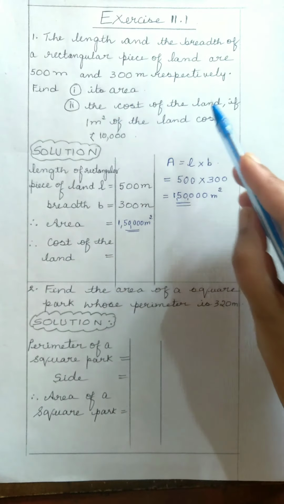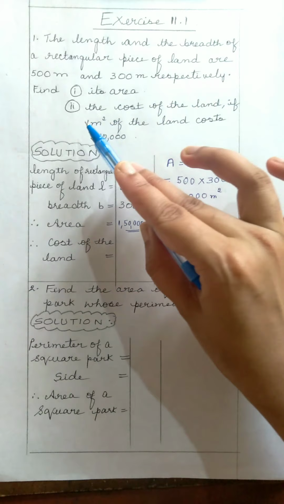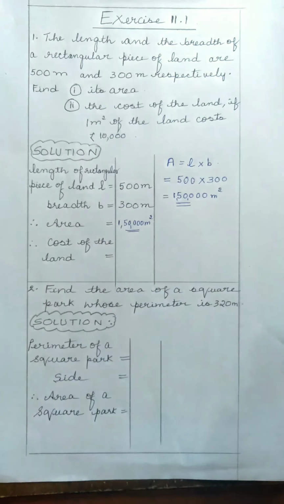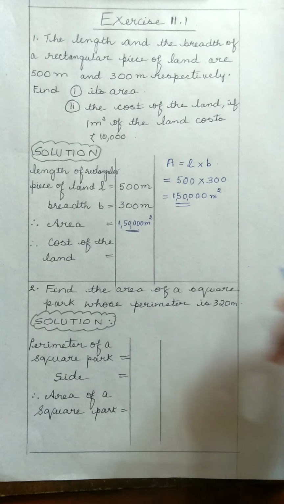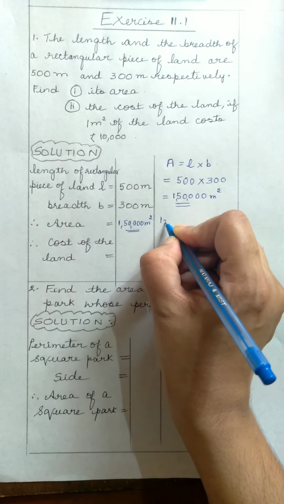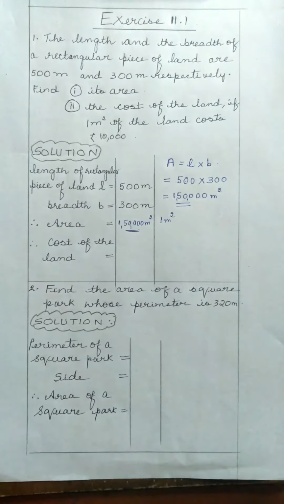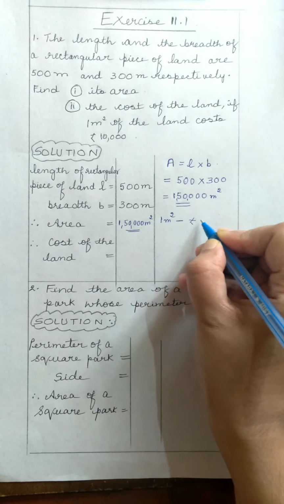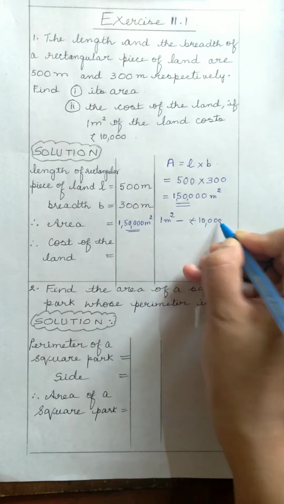Find the cost of the land if 1 meter square of the land costs rupees 10,000. So children, 1 meter square area of the land costs rupees 10,000.